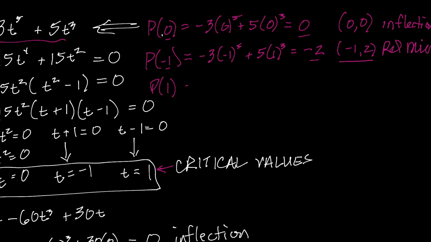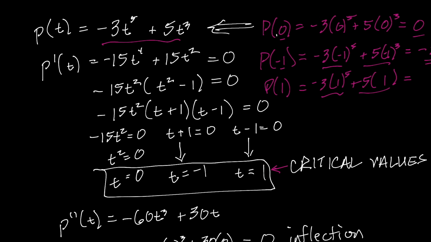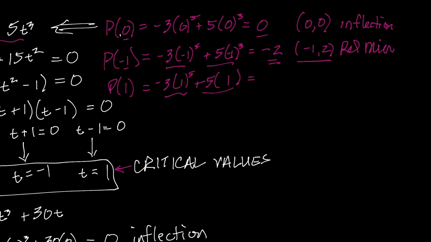So last one, p of 1 ends up being negative 3 times 1 to the 5th plus 5 times 1 cubed. Whoops, this would have been a negative, wouldn't it have been? That's important.